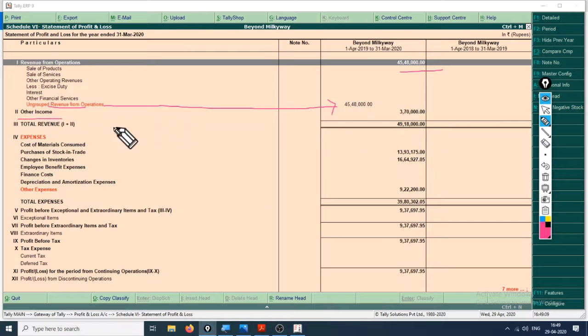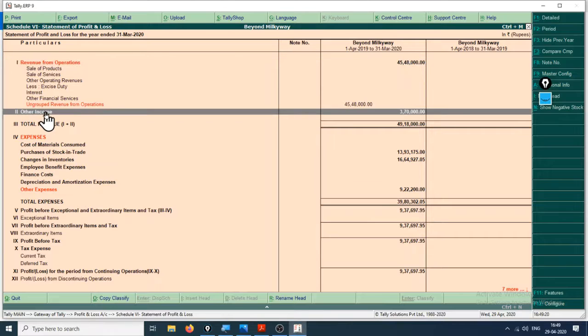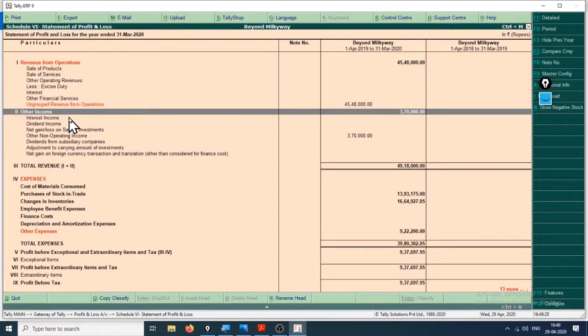Other income right here. You can see this other income should be of dividend and commission. So to expand it, you have to press Shift plus Enter, or you can just press Alt plus F1 for detailed of every bold letter type font.